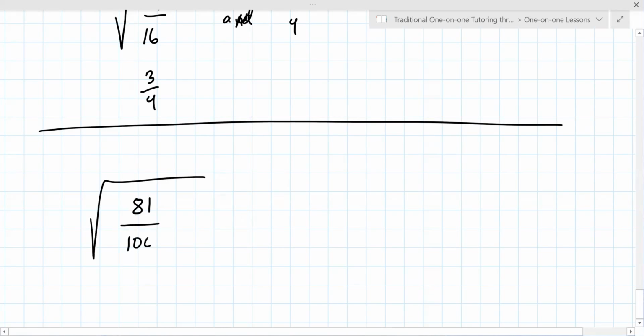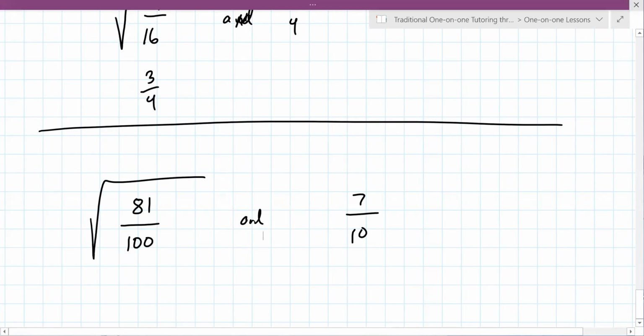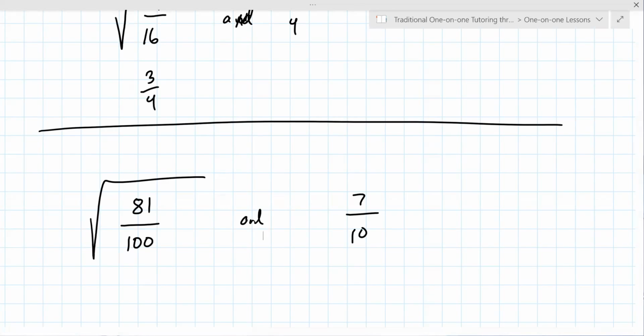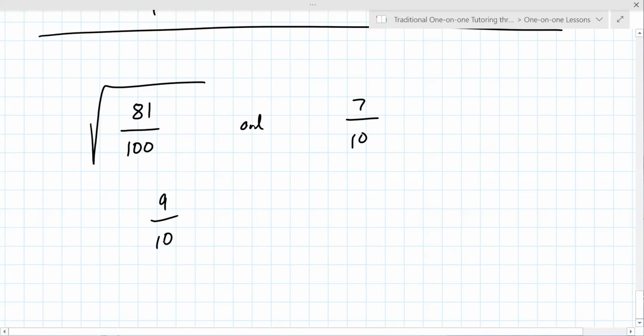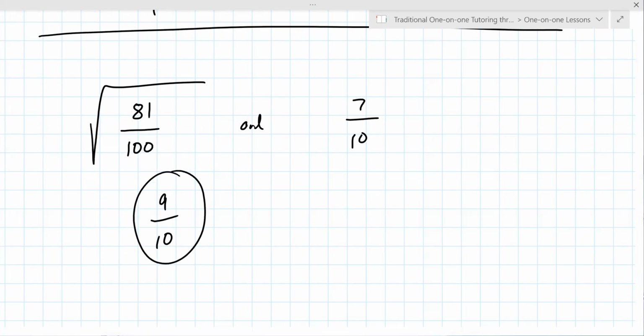Okay, 81 over 100 is bigger. What does this reduce to? 9 over 10. Yes, good. All right, so let's look at the next one.